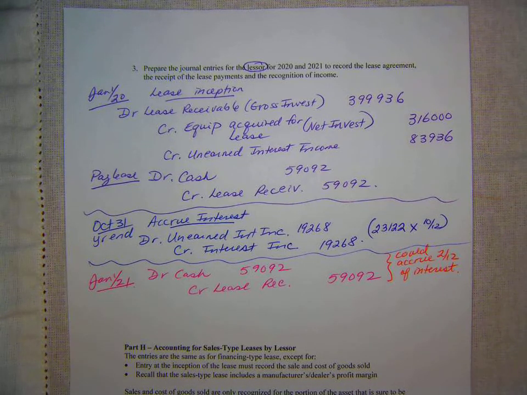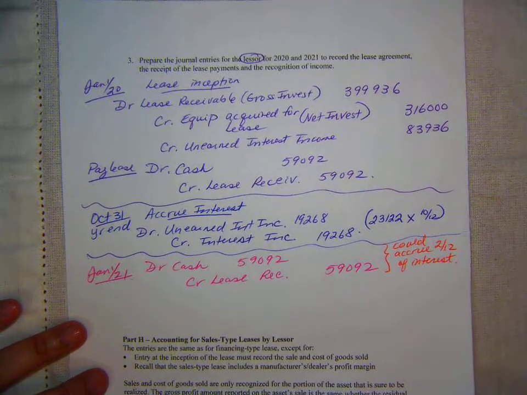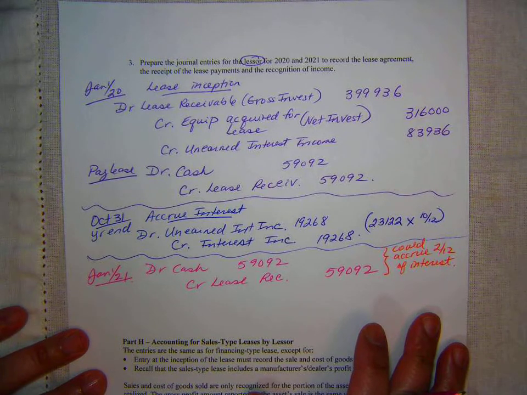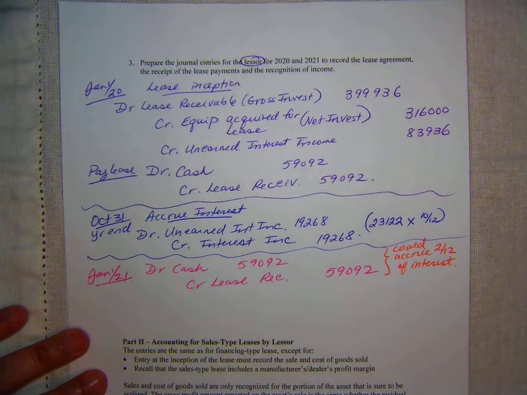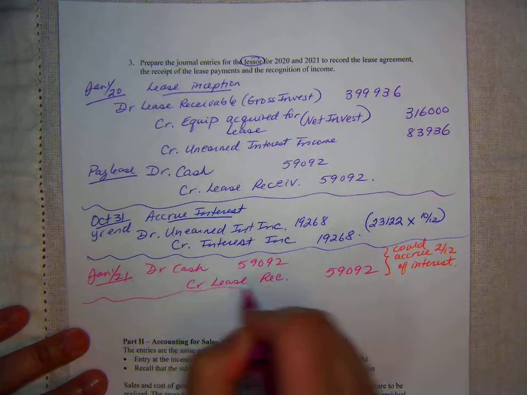I think it's less confusing to leave it till year end, but you can try it both ways and see. And I'm pretty sure the questions stayed this way. Okay, so that was January 1st, 2021.